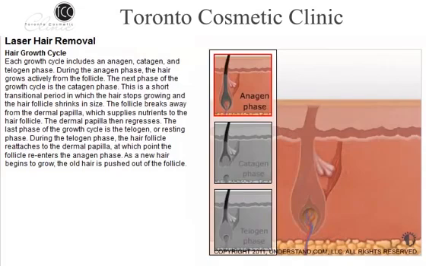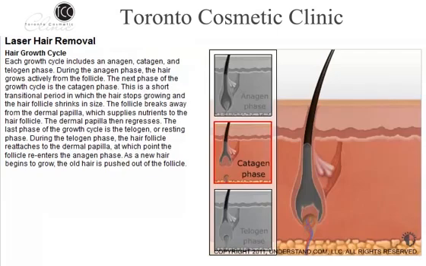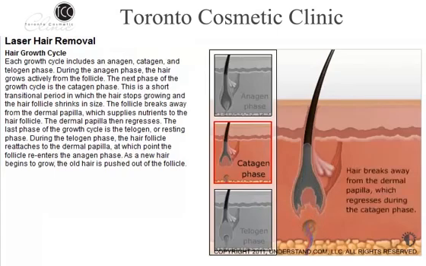During the anagen phase, the hair grows actively from the follicle. The next phase of the growth cycle is the catagen phase. This is a short transitional period in which the hair stops growing and the hair follicle shrinks in size. The follicle breaks away from the dermal papilla, which supplies nutrients to the hair follicle.